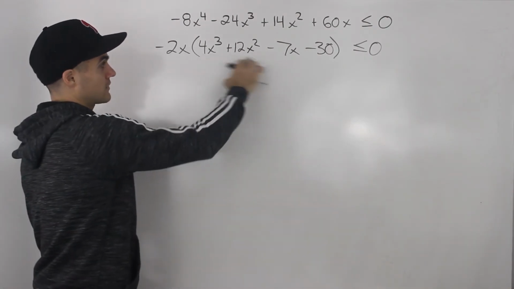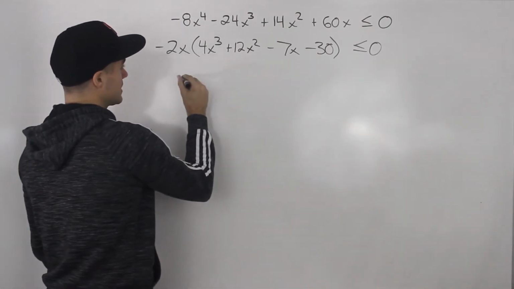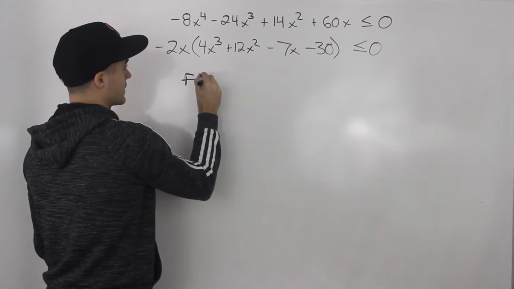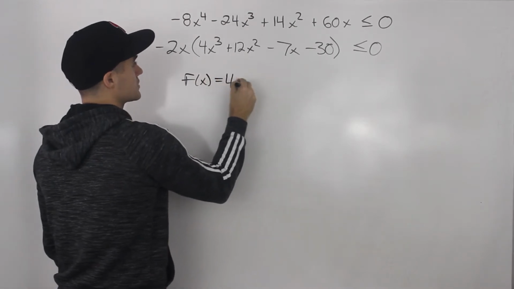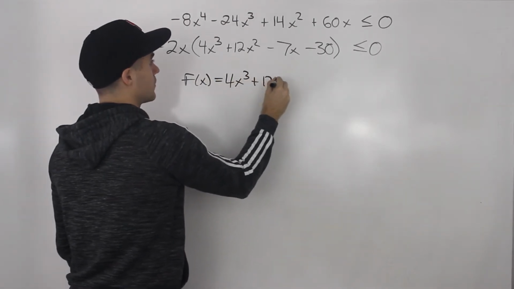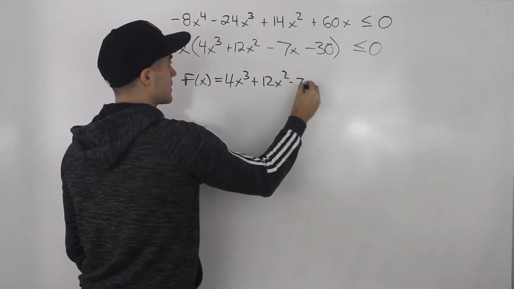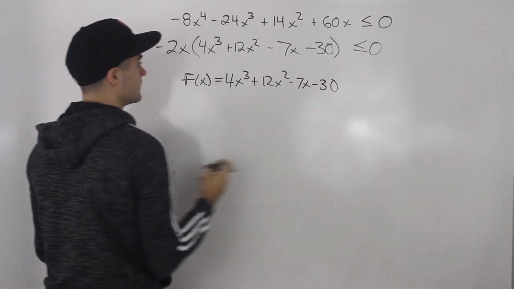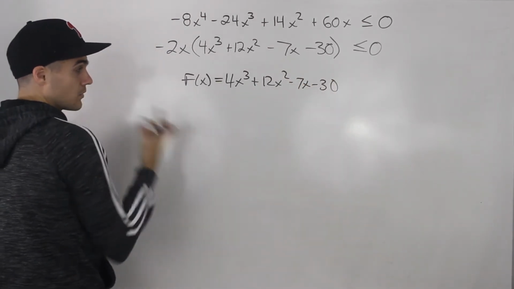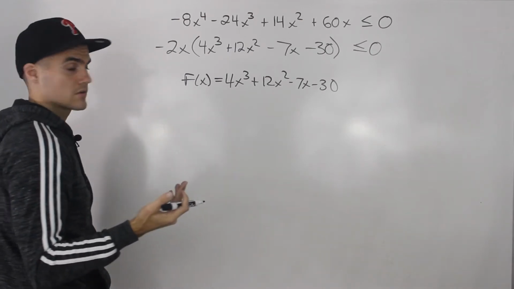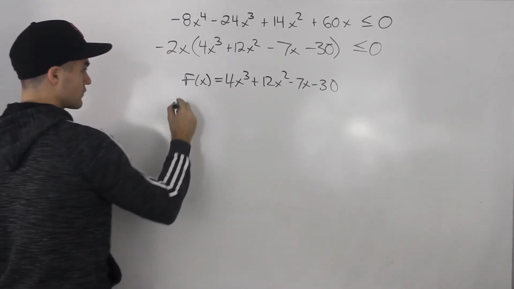So what's remaining to factor is this cubic. So let's label that cubic function as f of x down here. So we got 4x cubed plus 12x squared minus 7x minus 30. Right, so what we're going to have to do is apply the factor theorem. So we're going to have to try a bunch of different factors.